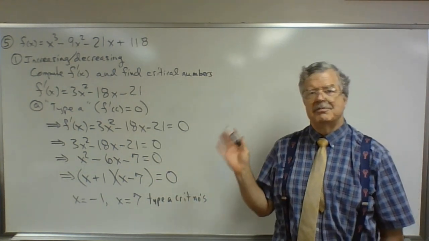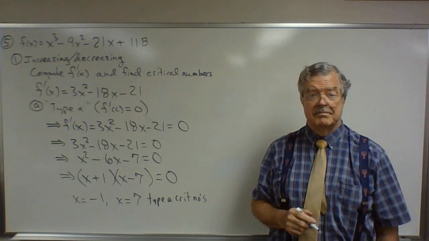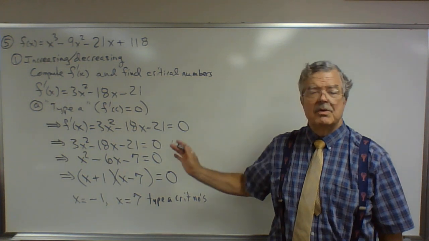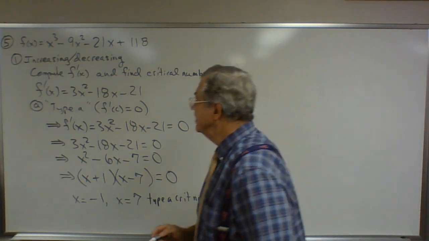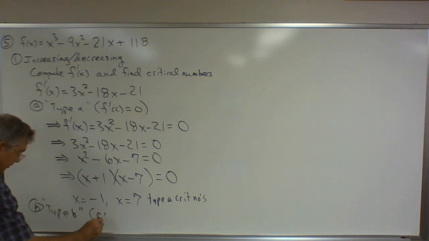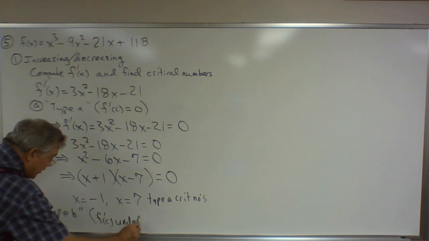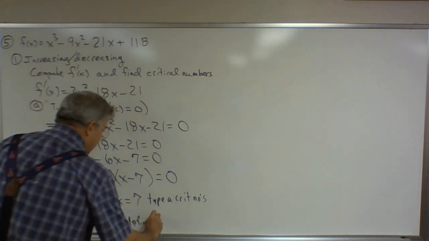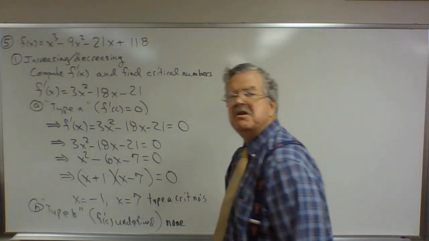We have addition, subtraction, multiplication, exponentiation. No division. So there's no way in the world that we can divide by 0, because we're not dividing here. So type B critical numbers, none.